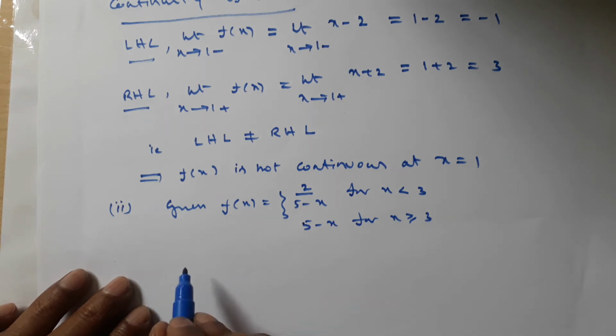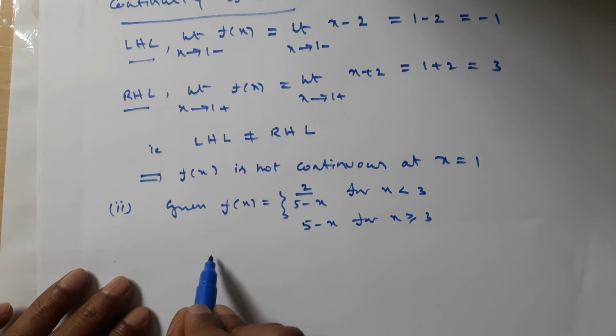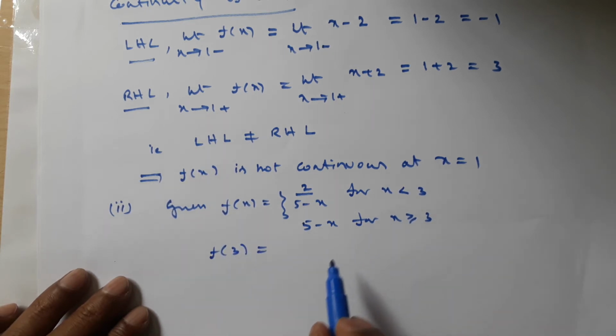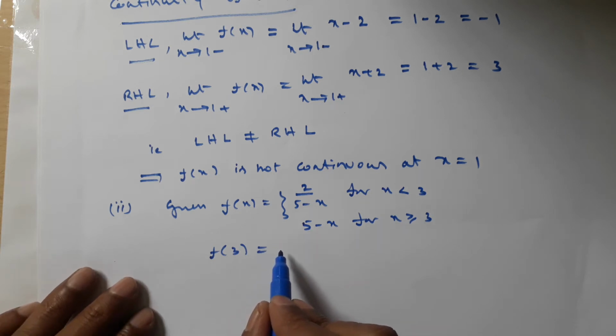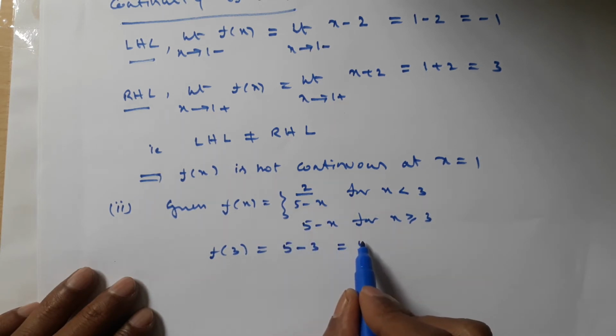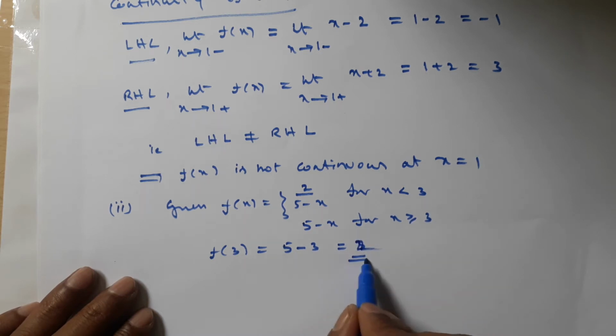Let us see that at x is equal to 3. So f of 3 is equal to, at x is equal to 3 they are asking whether the function is continuous or not. F of 3 is equal to, function is 5 minus 3, which is 2. So f of 3 value is 2.